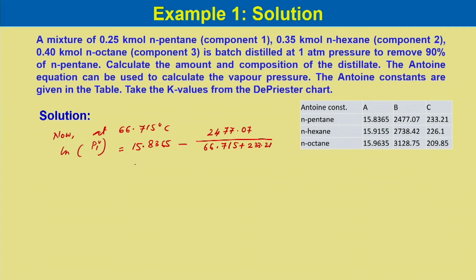So, this would be P1V about 1953.8 millimeter Hg, which is about 2.6 bar.